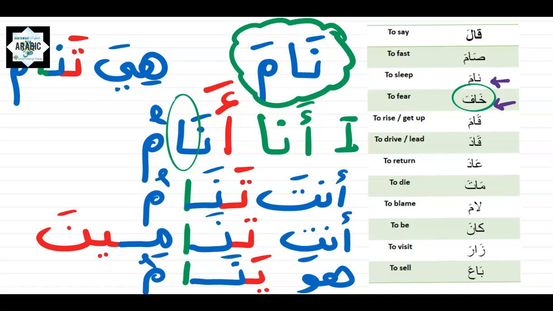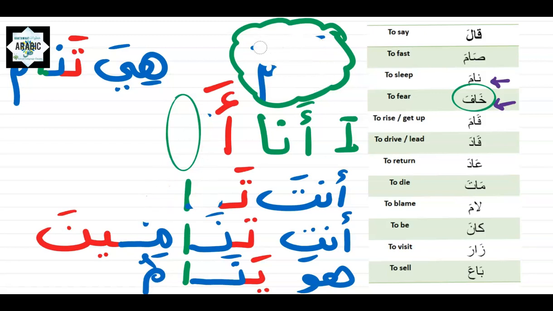So I'm going to keep this, and all I will do is just get rid of the verb conjugation I have for nama. That way you can see how you would make that transformation on your notes as you're writing down these verbs. So I would say أخاف, I am scared or I fear.